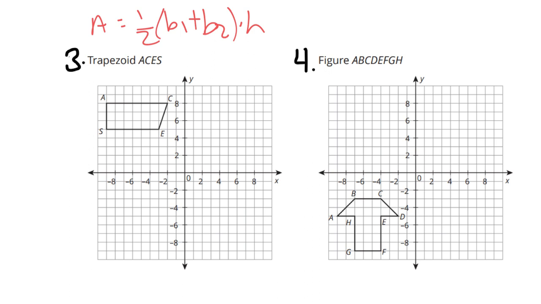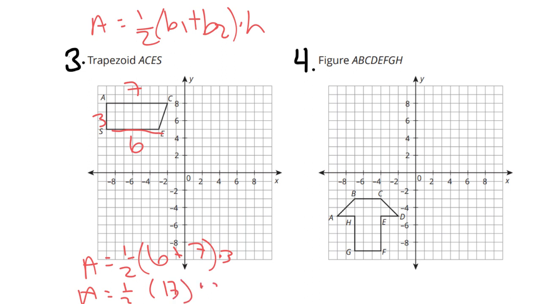All right, so if I count, this is 6, this is 3, this is 7. So I have 1/2, my base 1 was 6, plus my base 2 was 7, and the height was 3, so times 3. Whenever you do that, you get 1/2, 6 plus 7 is 13, and then times 3, you get 19.5 units squared.